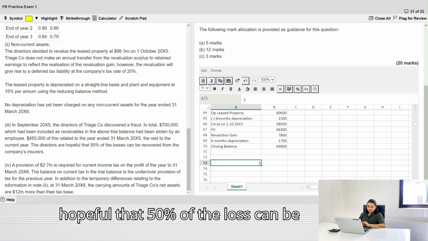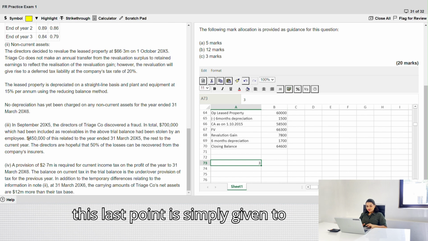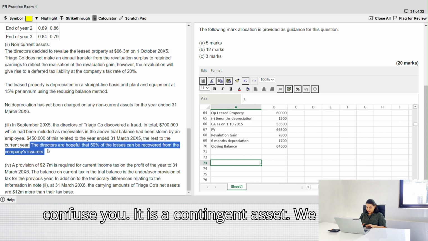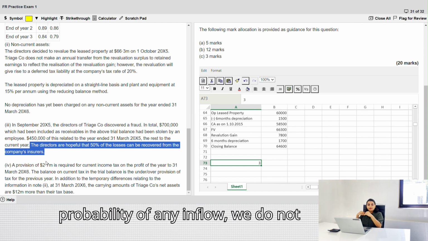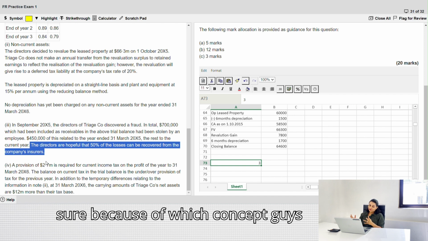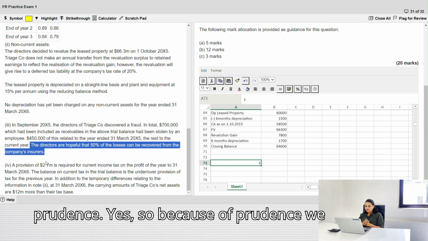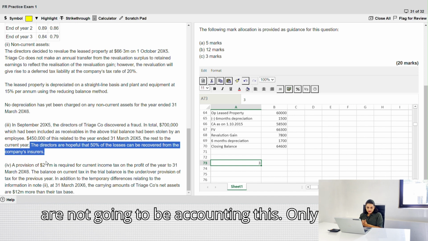The directors are hopeful that 50% of the loss can be recovered from the insurance company. Now this last point is simply given to confuse you. It's a contingent asset. We know whenever there is a future probability of any inflow, we don't account for it until I'm 100% sure. Because of which concept, guys? Prudence. Yes. So because of prudence, we are not going to be accounting this.